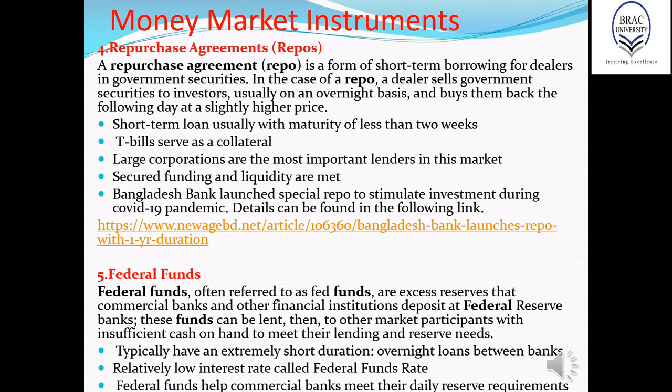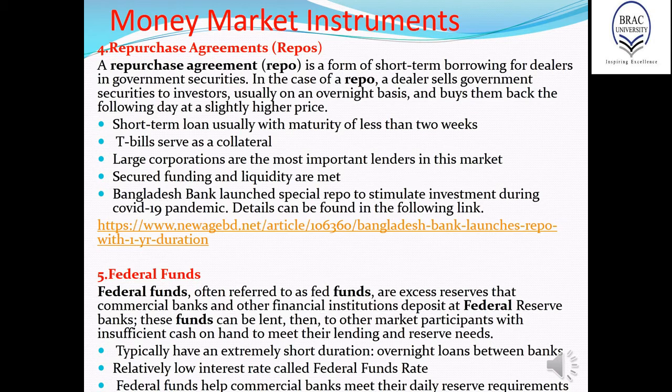And this kind of money market instrument serves as the most liquid type of instrument because it enables the borrower to take a loan on an overnight basis and for a very short period of time.